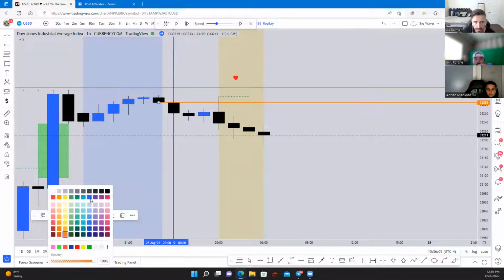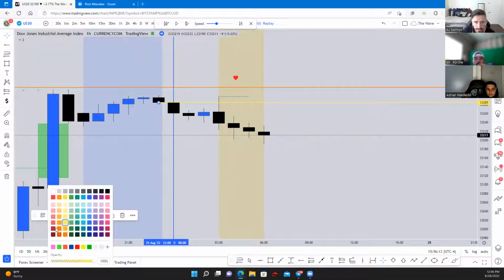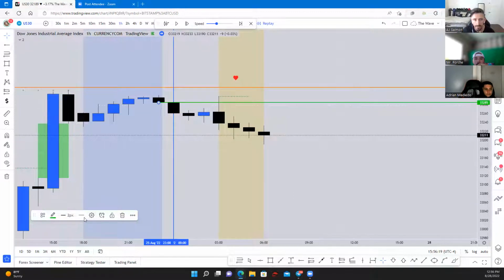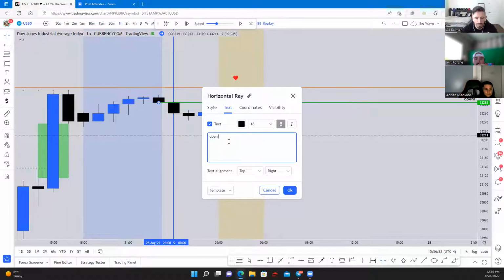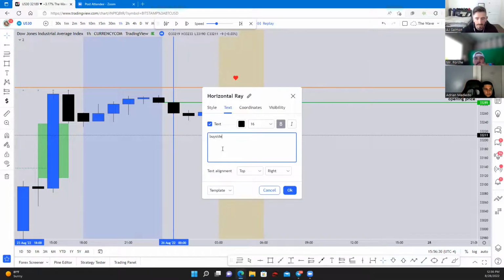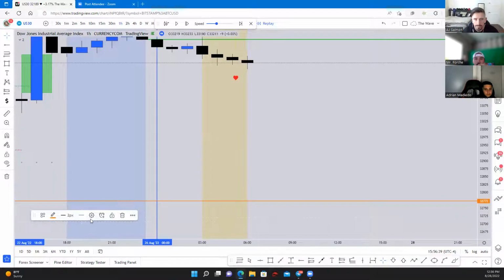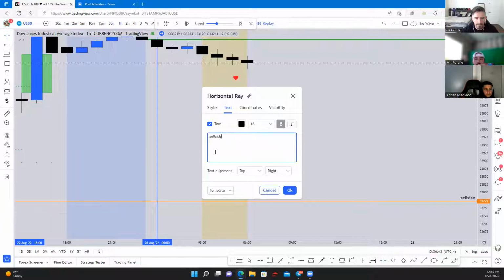That is our opening price, which we'll mark in yellow. Then this would be buy side liquidity, and this is our sell side liquidity.